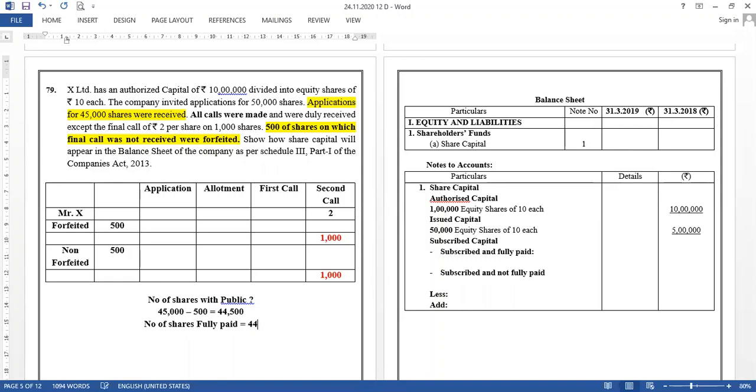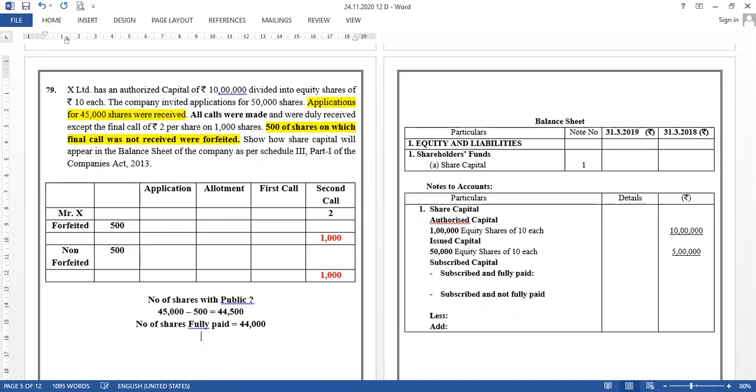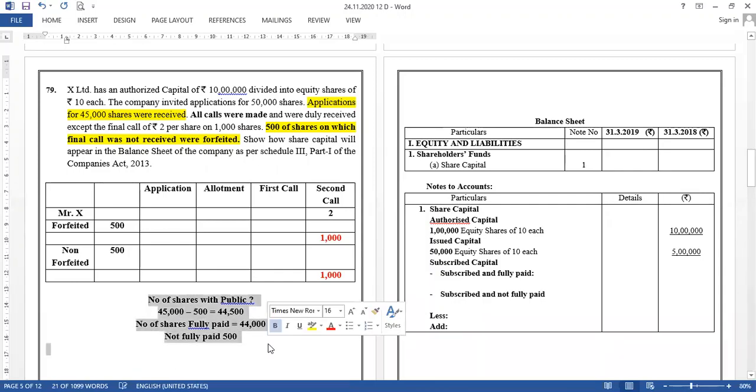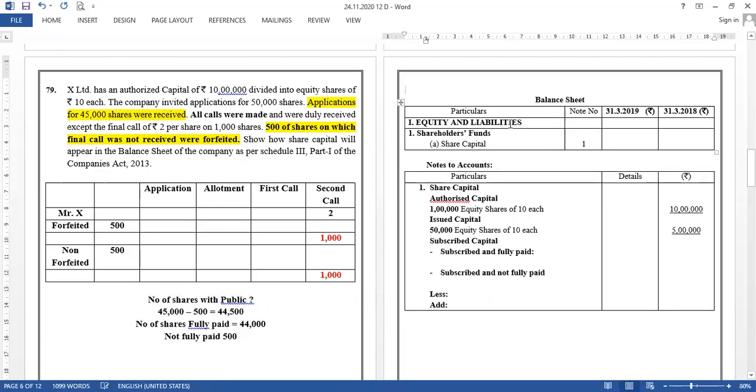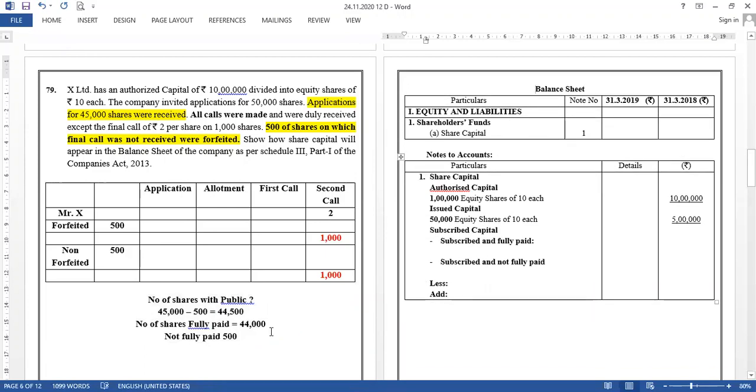So fully paid is 44,000 shares. Correct? तो understood है कि not fully paid is 500 shares. Correct? ये सारी चीजें सोचनी है. लिखोगे तो best है. But if you can think over these lines, you are definitely going to do the sum correct in the first attempt itself.